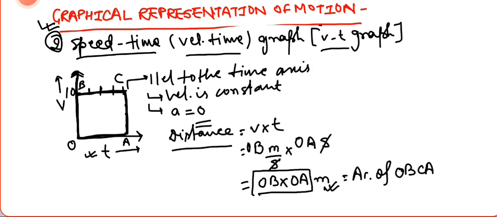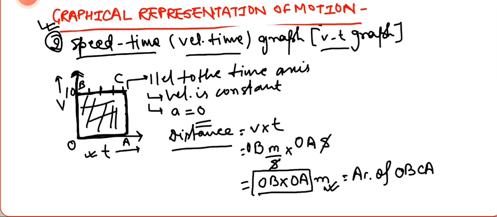So students, in the speed-time, that is velocity-time or VT graph, we can find the distance traveled by the object. It is equal to the area enclosed between the velocity-time slope and the time axis.